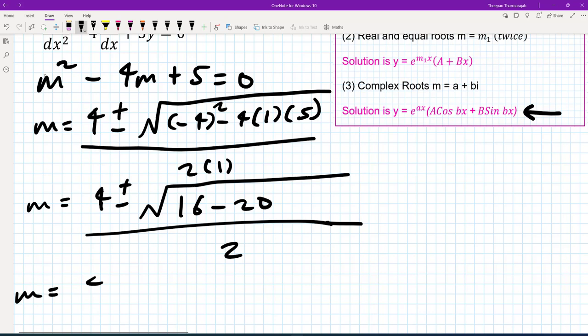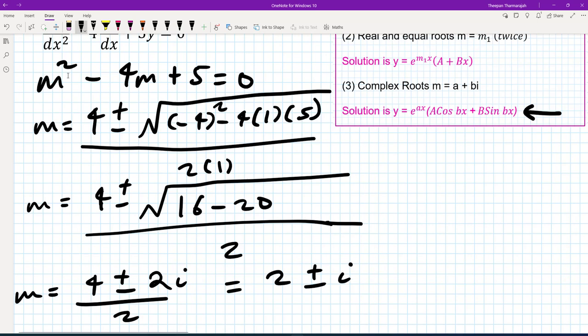So m equals 4 plus or minus, well, minus 4 square rooted is simply 2i, over 2. So we get 2 plus or minus i.